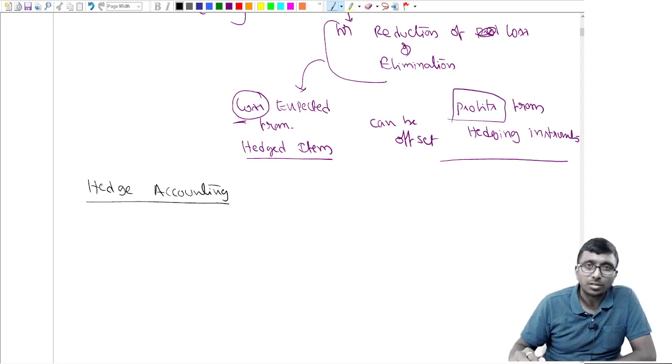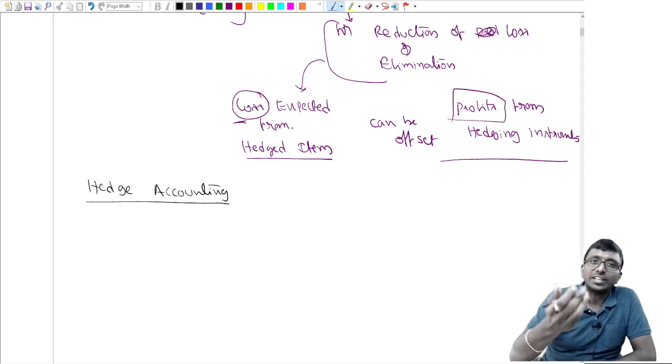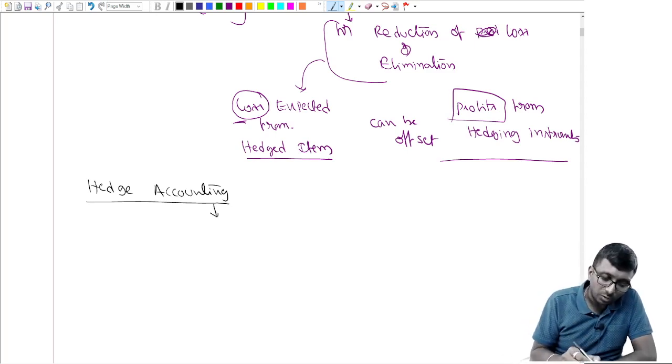I'll take an example, but let me write one small line with respect to hedge accounting, then we'll get into that. What is hedge accounting, sir? Hedge accounting, I'll say it is a small technique.